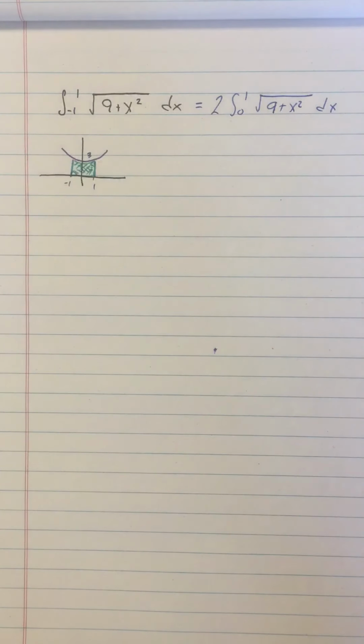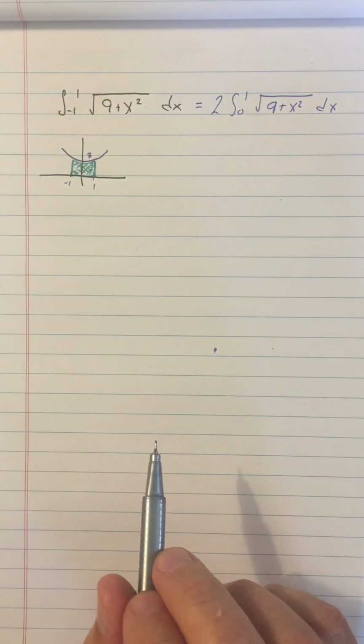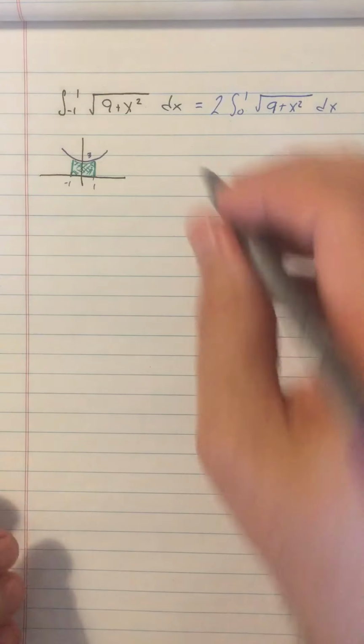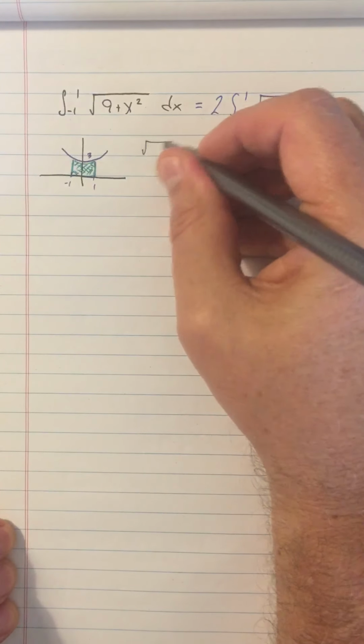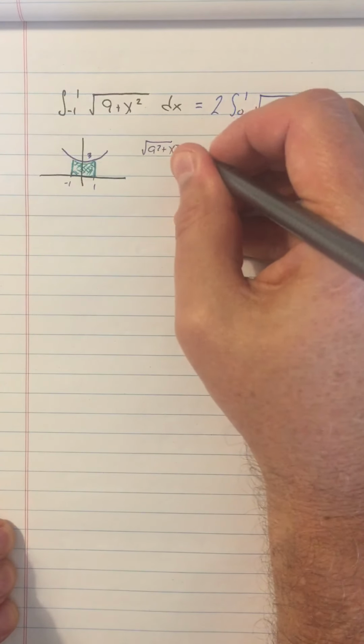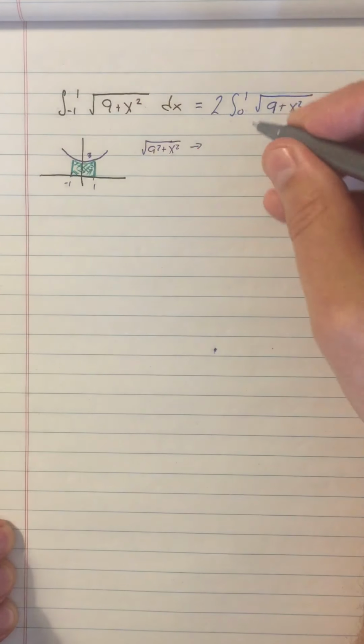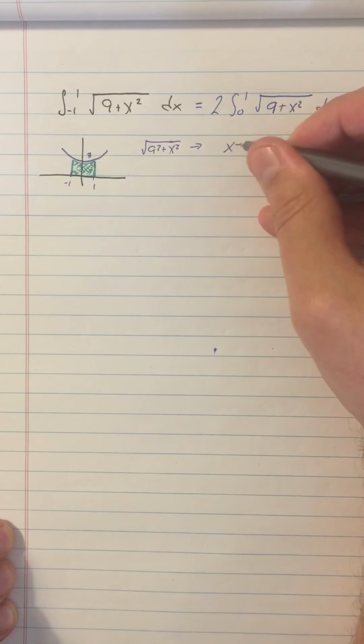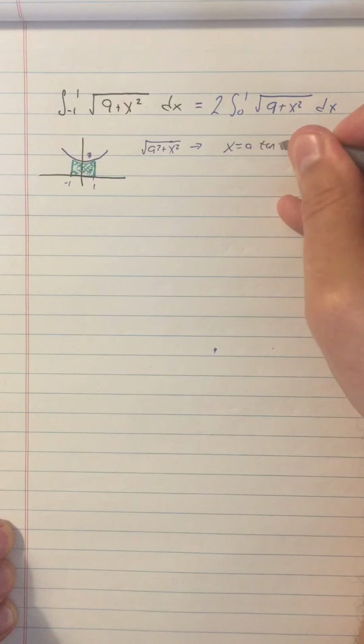All right, so here's the substitution that we're going to use. When we had 9 minus x squared, we used the substitution x equals 3 sine t. So if I have a square root of a squared plus x squared, then the substitution I'm going to use is x equals a tangent t.